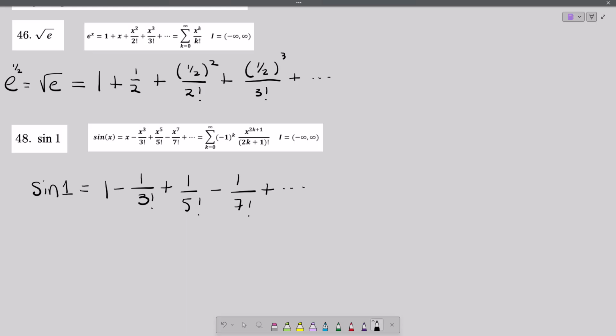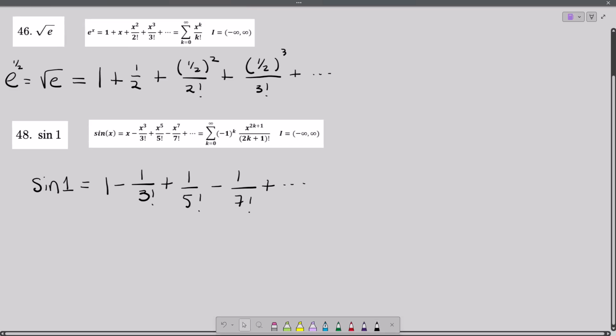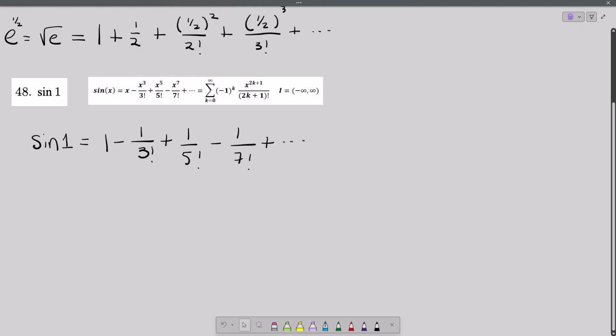This is the expansion for sine x. If you want sine of 1, you just put in a 1 right there. Make sense? So you can get an infinite series for any oddball thing you want. Sine of 1, sine of whatever.